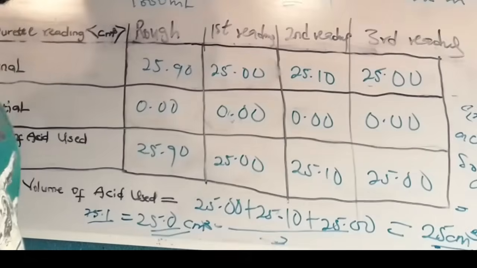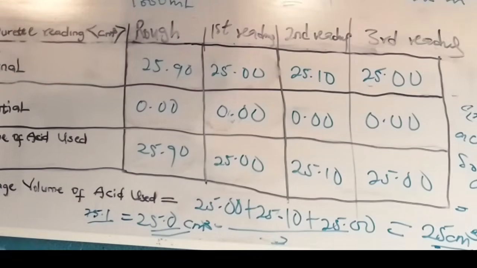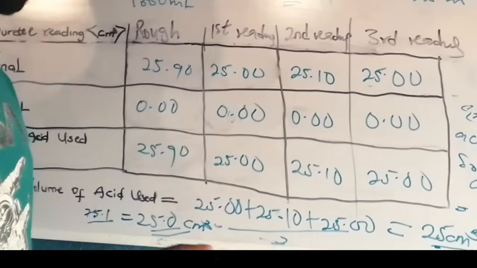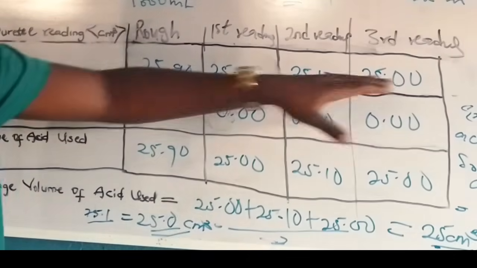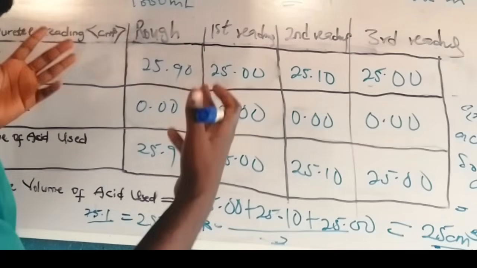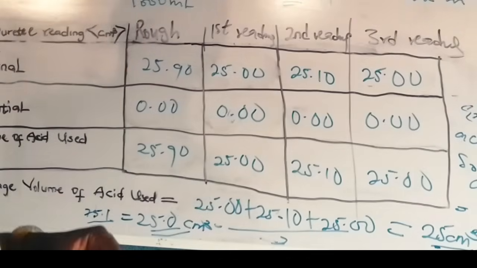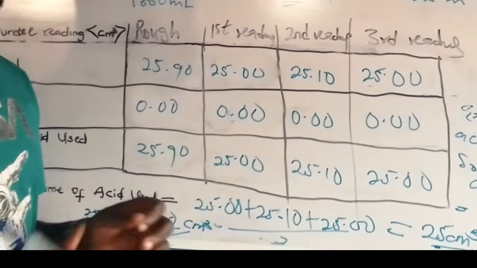So with this now, we have been able to get our expected volume of acid. So we'll now go over to the titration and see if what we got here is actually what we are going to get during our experiment or during our titration. So for your titration, all you need to do is, first of all, you ensure that you rinse the burette properly.